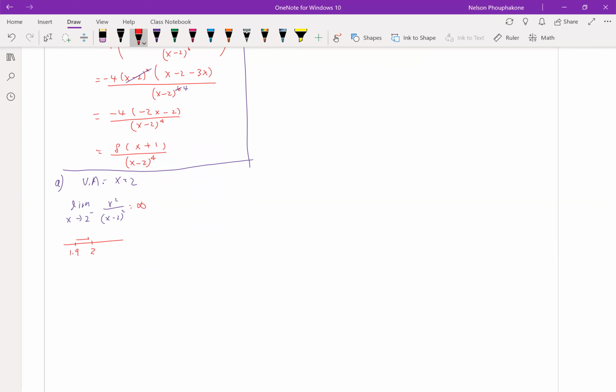Same thing, we would like to find the limit as x approaches 2 from the right. In this case we are approaching 2 from this side, so about 2.1. Same thing, it is positive over positive, so this one will be positive infinity.